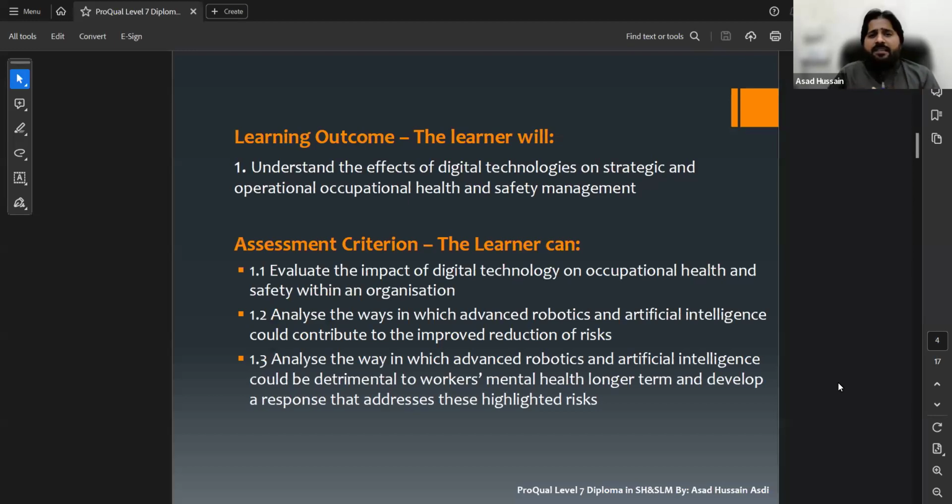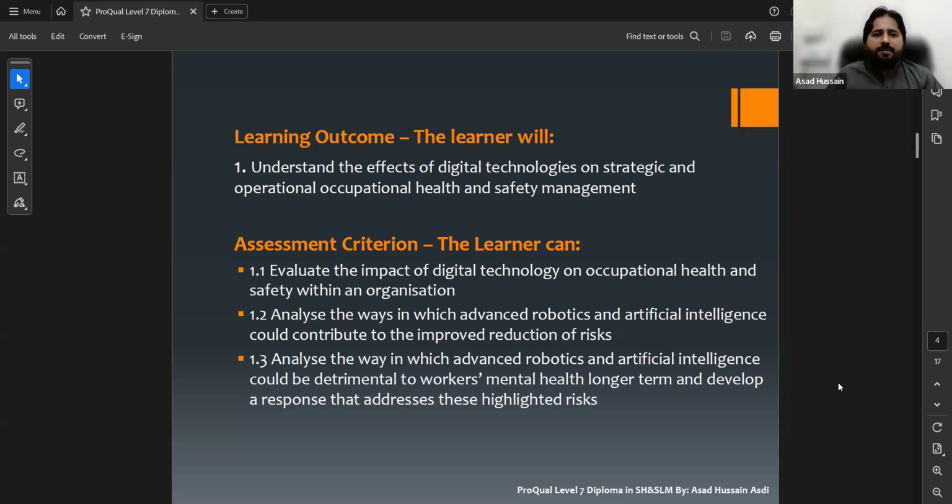As I have told you, there are 7 learning outcomes, and each learning outcome has different assessment criteria. In total, these assessment criteria are 23. So here we can see the learning outcome: one, understand the effects of digital technologies on strategic and operational occupational health and safety management. And now we have three assessment criteria for this learning outcome.